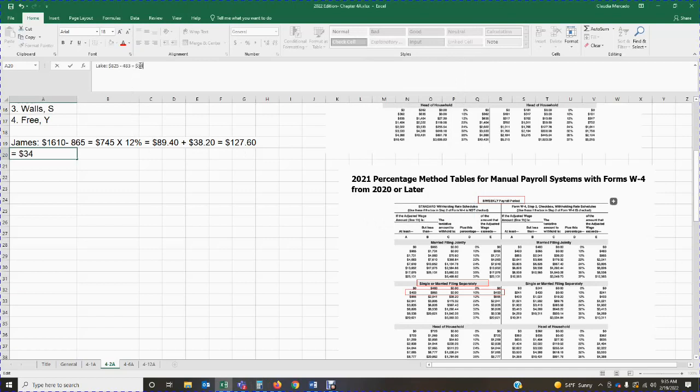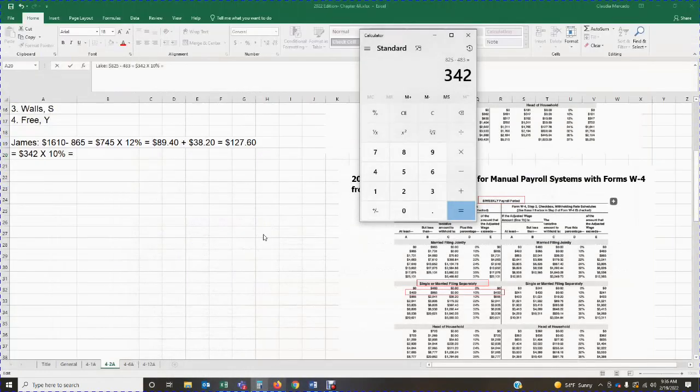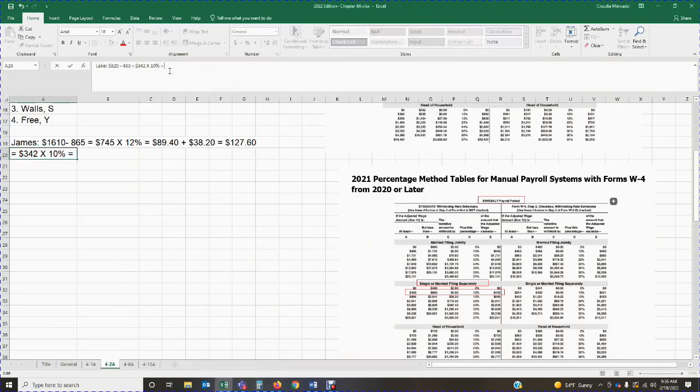I'm going to multiply that by the rate provided, which is the next amount on the next column, going from right to left. That's a 10% percentage right there. So I'm going to get 342 times 10%, and that's going to give me $34.20.